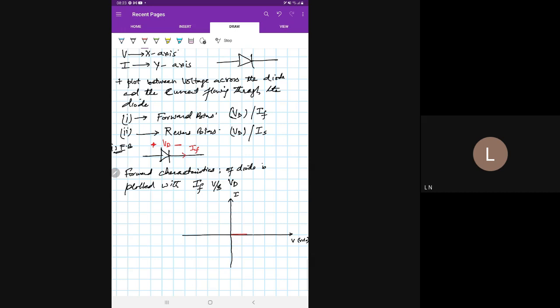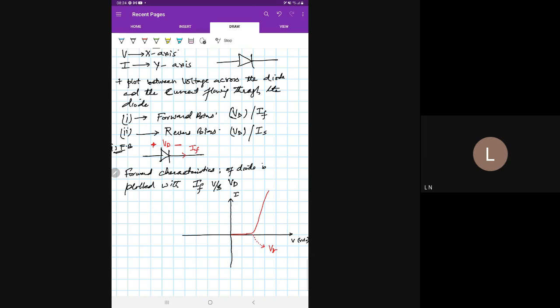But after the knee voltage, that is V gamma, or cut-in voltage, the current will start increasing because the diode is in forward bias and more current will flow. In forward bias, a minimum voltage equal to the cut-in voltage has to be applied so that the charge carriers will cross the depletion region.